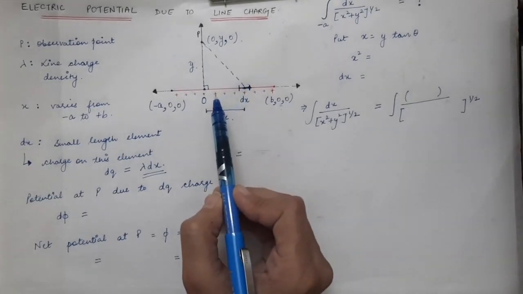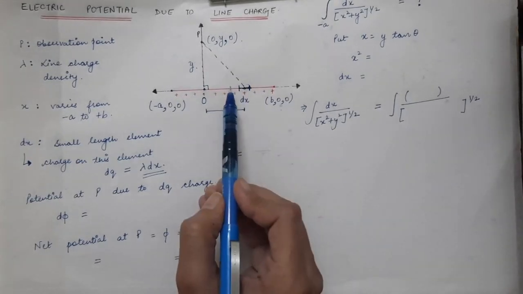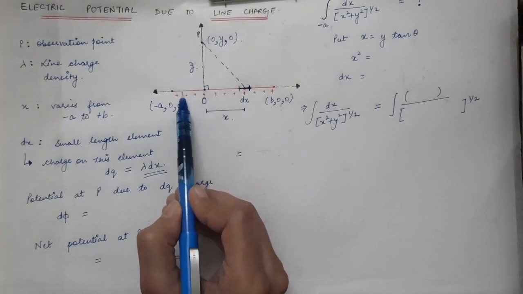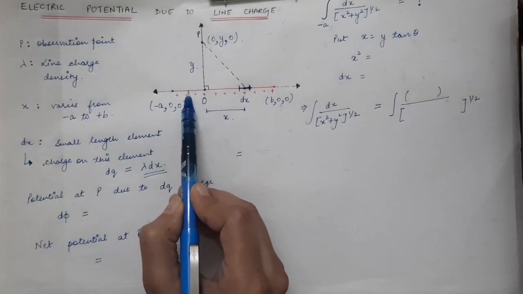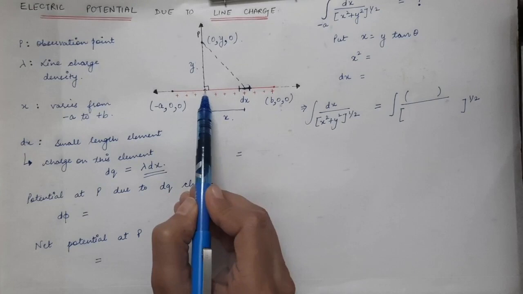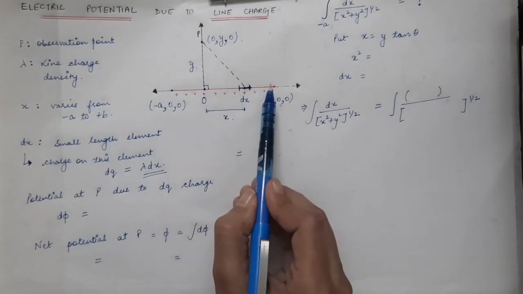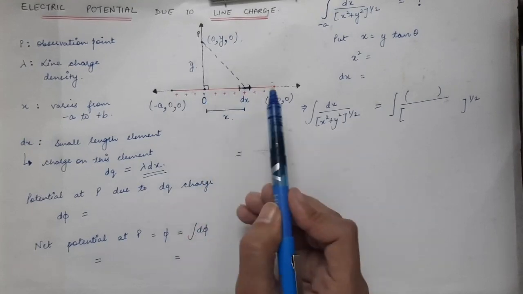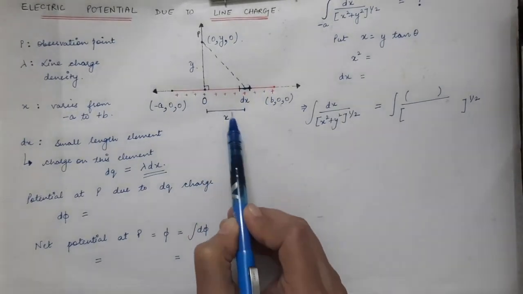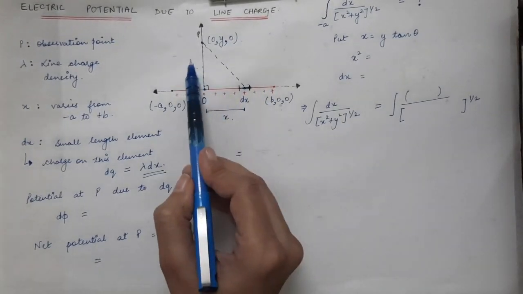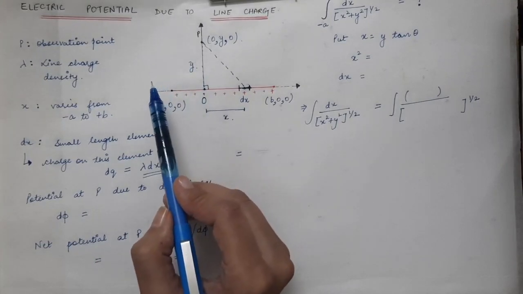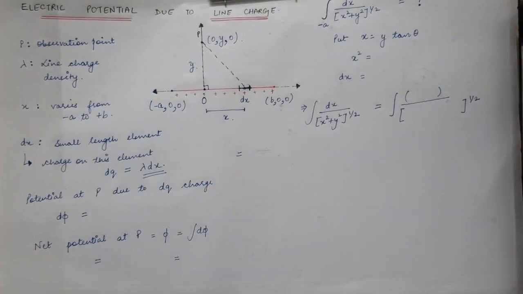The only thing that will change is x. If you take dx over here, the distance from the origin will be different, and if you take dx over here, the distance of this length element from the origin will be different. So this x is a variable, whereas this y is constant throughout the derivation.